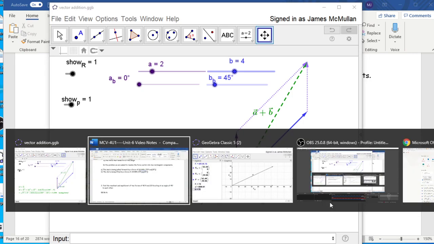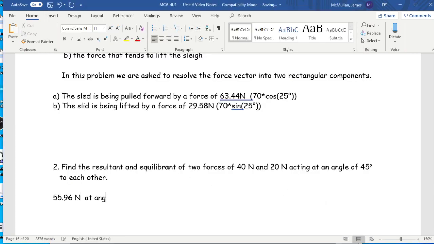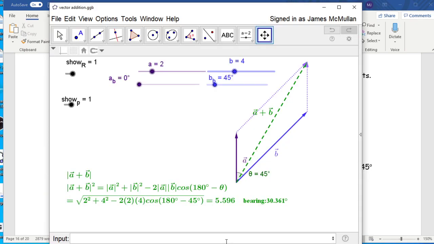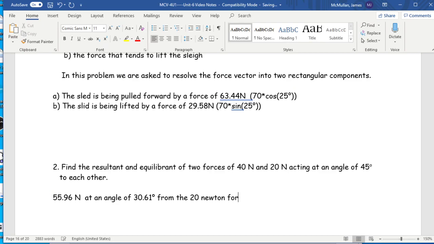So what I'm going to say is at an angle of 30.61 degrees from the 20 Newton force towards the 40 Newton force.